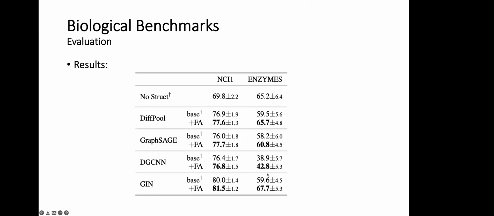And it improves by 2.5% over the no-struct model. On average, models with fully adjacent layers relatively reduce the error rate by 12% in enzymes and by 4.8% in the NCI1 dataset. These experiments clearly show that there is evidence for a bottleneck in the original GNN models.